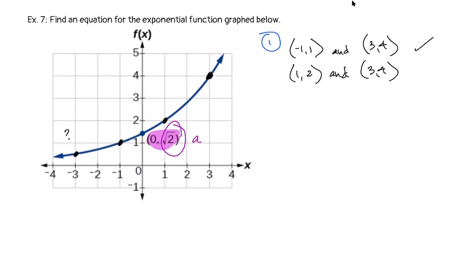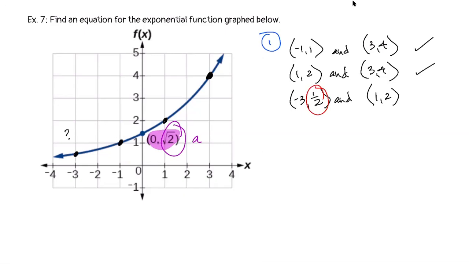Can we use the second set of points? Absolutely. I know someone had said negative 3, comma 1 half, and 1, comma 2. Okay. I would maybe stay away from that one because I don't know that this is exactly at 1 half.